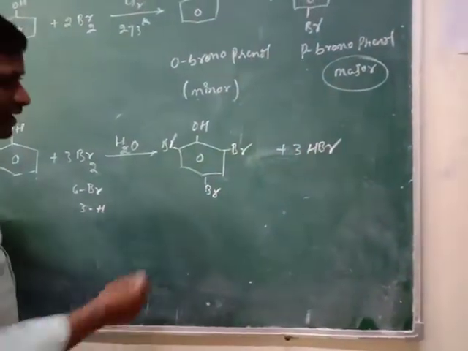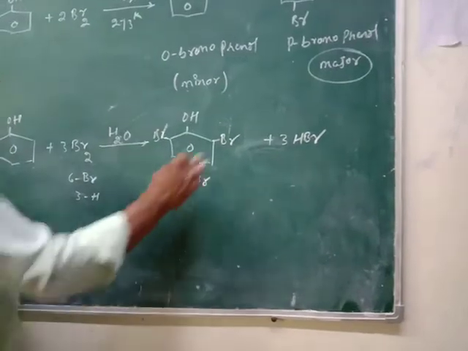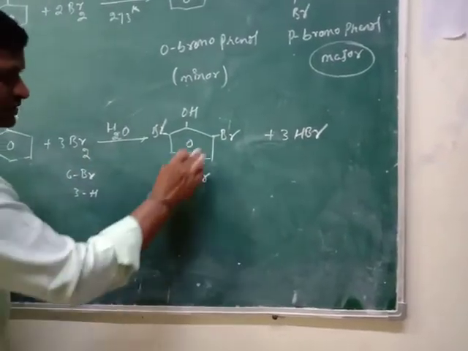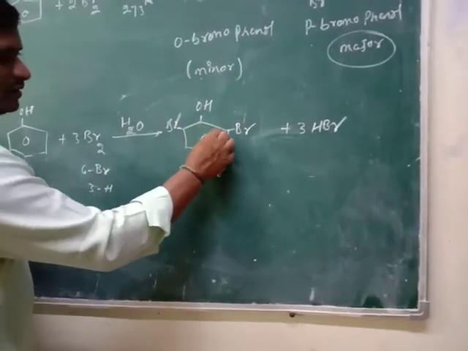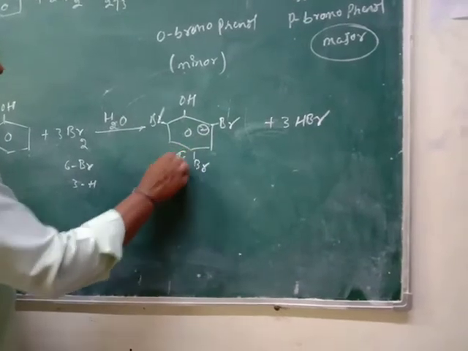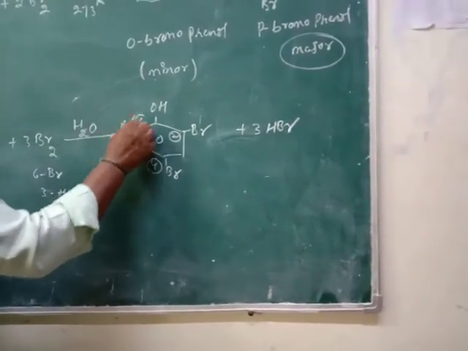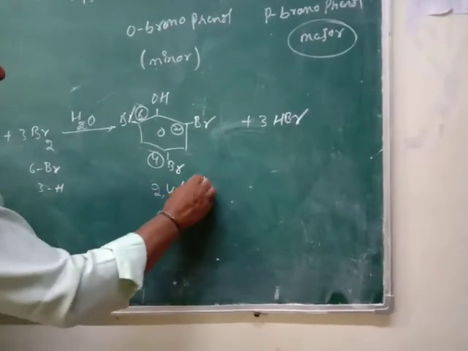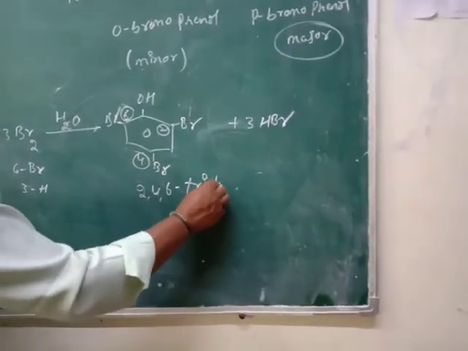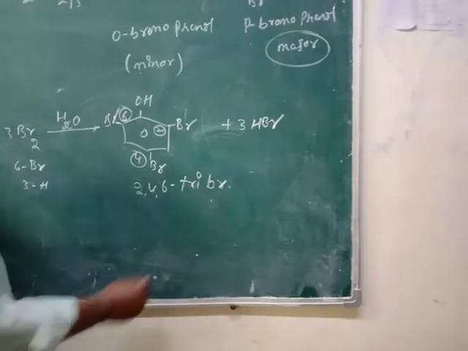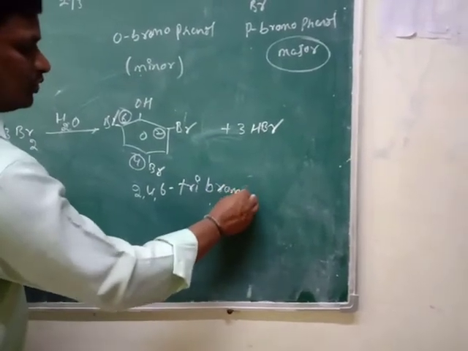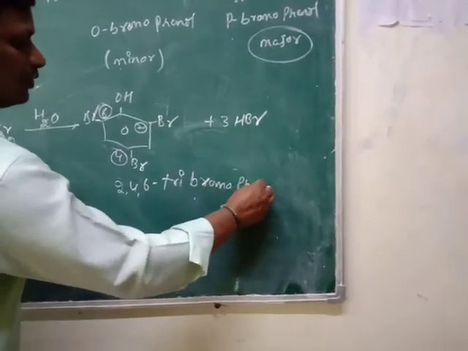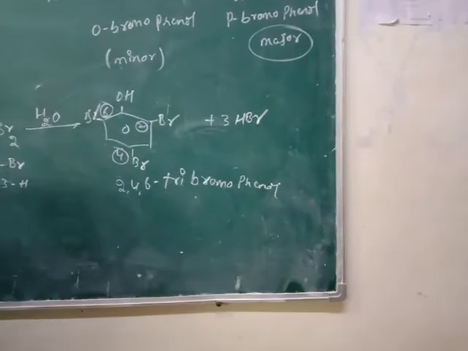The obtained compound has the functional group OH, and these 3 are the substituents. First carbon, second carbon, third, fourth, fifth and sixth carbon. So 2,4,6-tribromophenol is obtained.